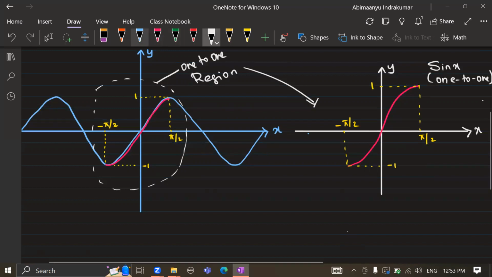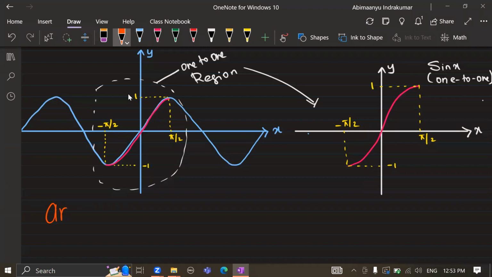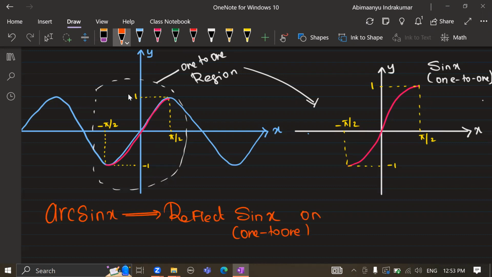If I want to sketch the sine inverse, which means the arc sine x graph, simply, I need to reflect sin x, which is a one-to-one function, on the line y equals x. Simple as that.